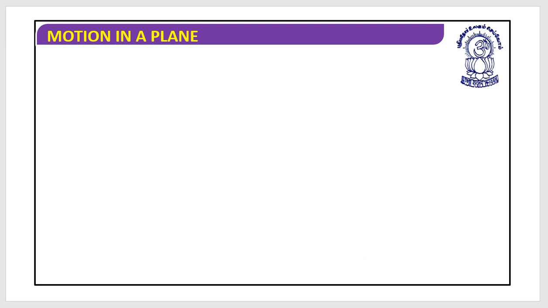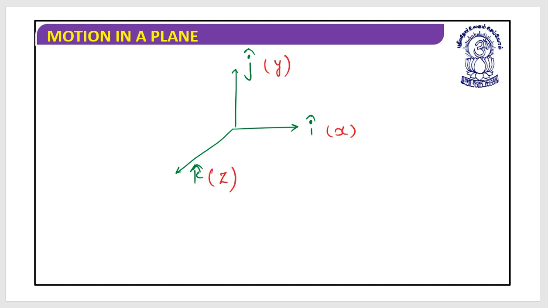One more thing I want to focus on is that, let's say this is the i cap, this is the j cap, and this is the k cap. As you will know, i cap represents the x, j cap represents the y and k cap represents the z. If I move in the anti-clockwise direction, that means from i to j, i cross j would be k cap.